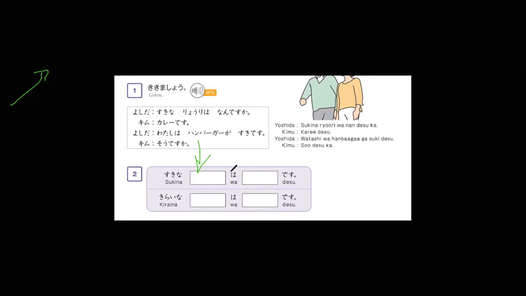好きな blah blah blah は blah blah です。嫌いな blah blah blah は blah blah blah です。好き means like and 嫌い means dislike or hate.